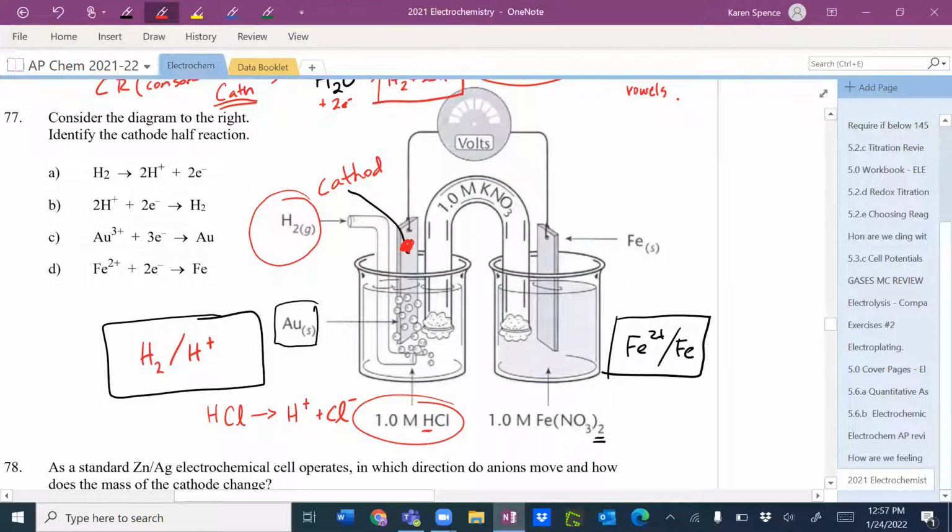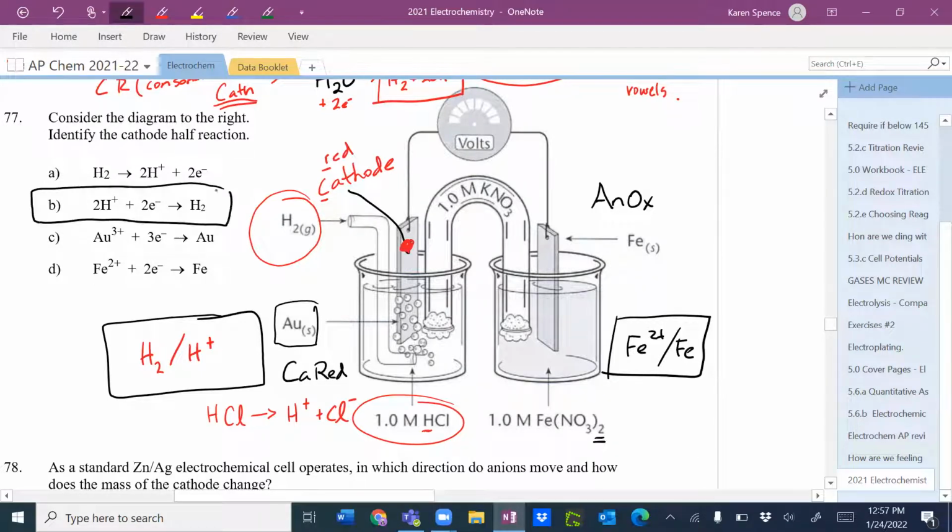And what's happening at the cathode is a reduction. Reduction always takes place at the cathode. And if you don't like the vowels and consonants, you can always remember AN OX, RED CAT: cathode reduction, an ox, red cat. Okay. And if we're looking for that one, we're looking for reduction. There is our reduction reaction right there.